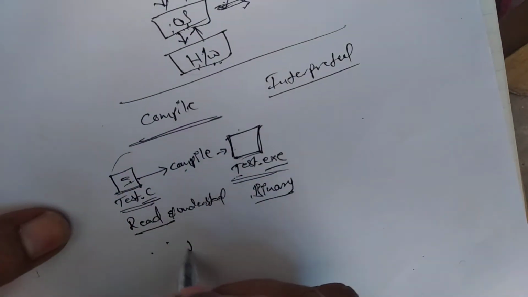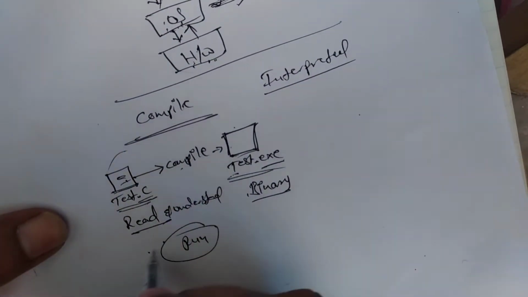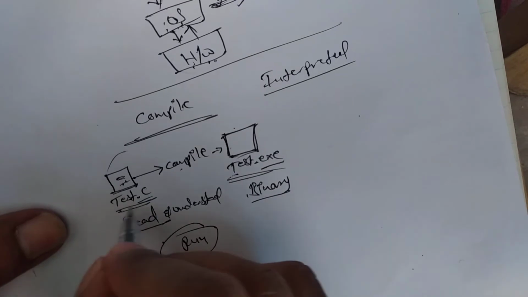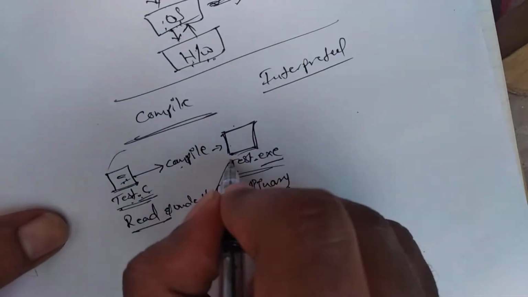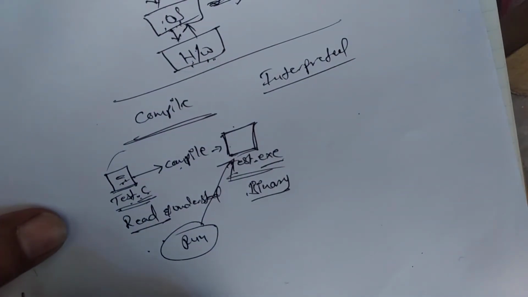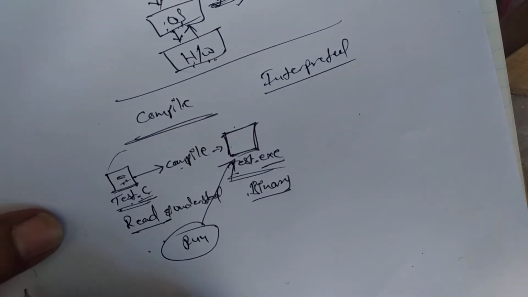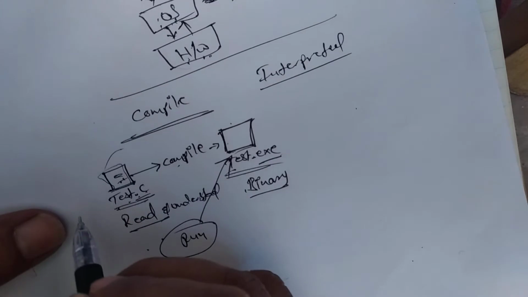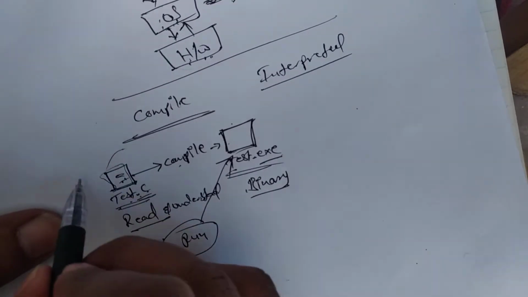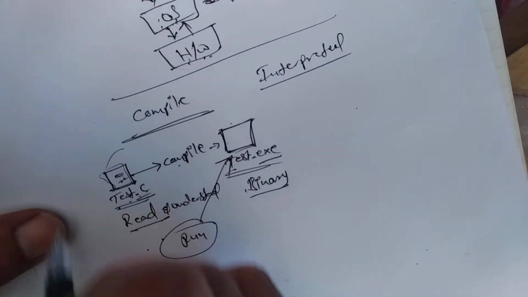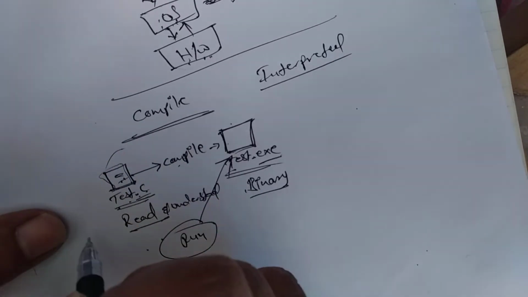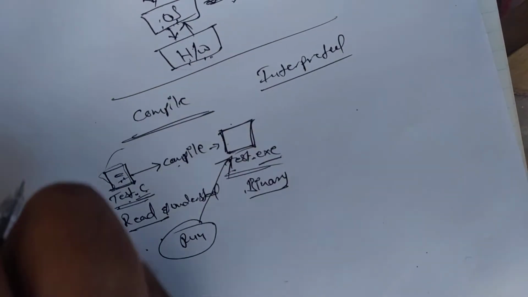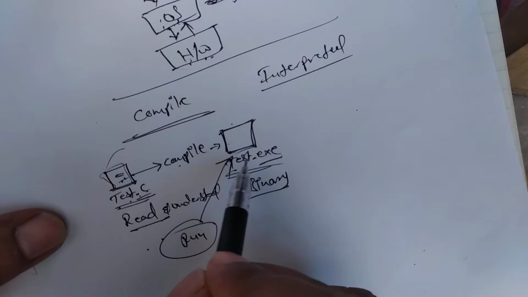Whenever we run the program, the system will not run this test.c file. It will run the executable file, then it will give the output. So the compilation will be done all at once. That means sequentially it will check the errors and it will compile and create the exe file at a time.